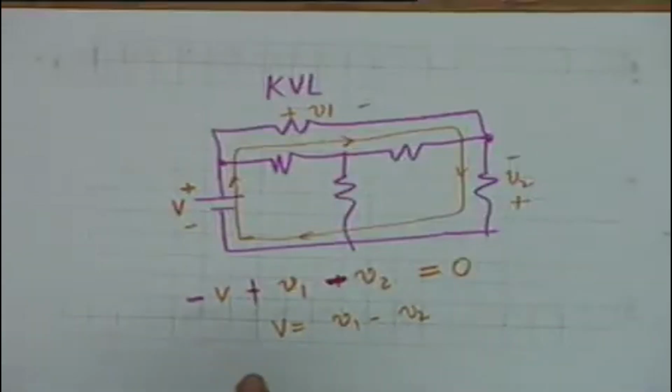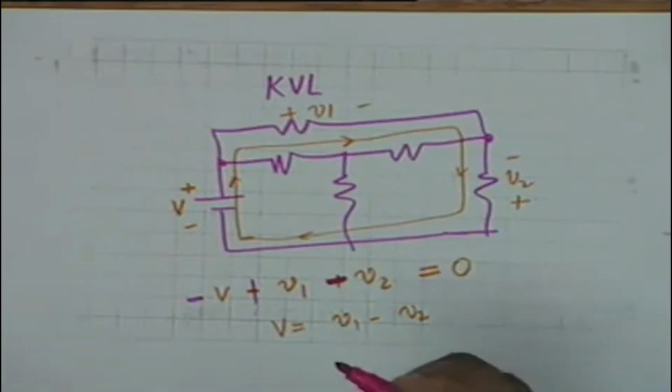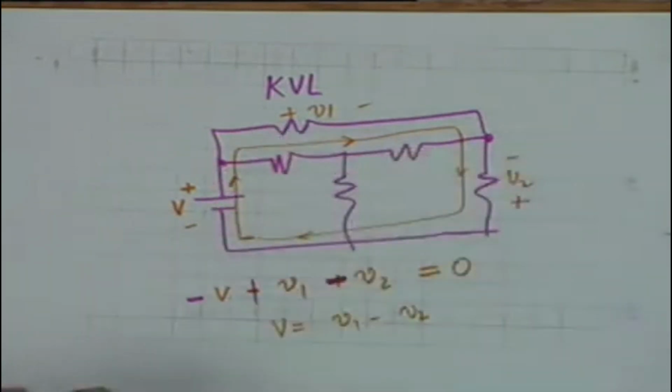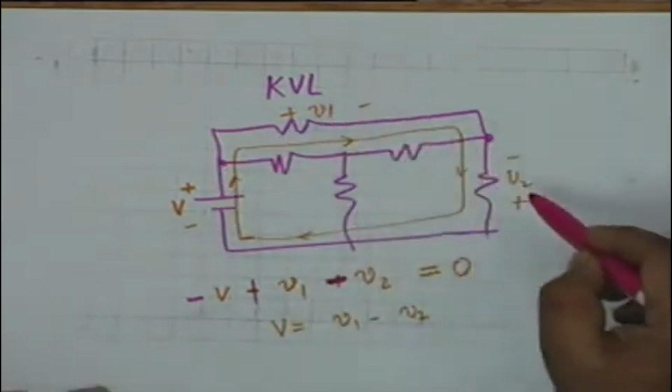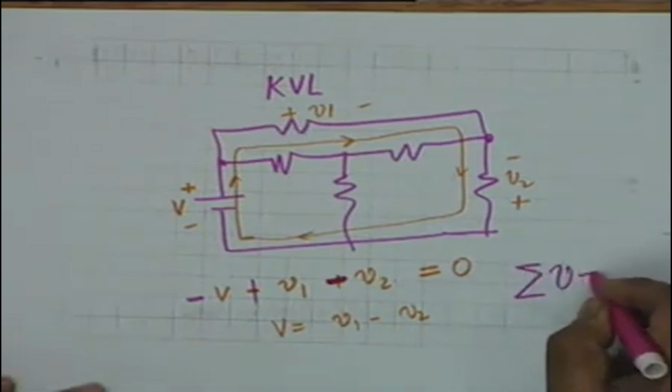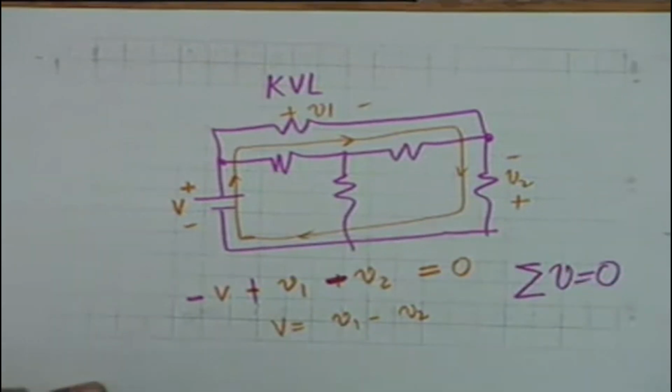Whatever be the convention, so long as you are consistent, there shall be no mistake, all right. So it is a convention. If you adopt this convention, then the voltage drop V, if you go in this direction, is negative, this is positive, and this is negative, okay. In other words, sometimes we simply say sigma V equal to 0.